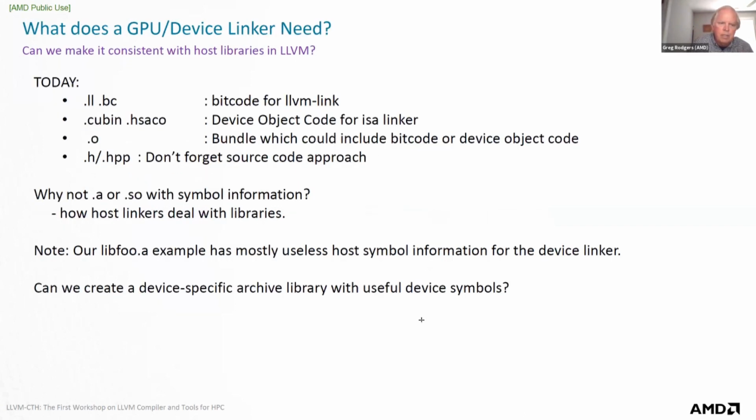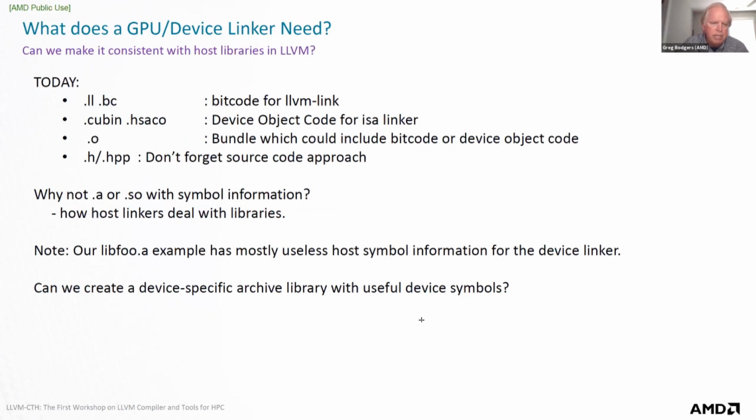So let's talk about GPU linkers like NVLink, like LLD, and even llvm-link. There's even a post-Clang link we called mlink as an option in Clang. So today, you can have a bitcode file or an LLVM IR file. You can also have the HSA or the instruction set architecture binaries. In the case of NVIDIA, it's called the CUBIN.